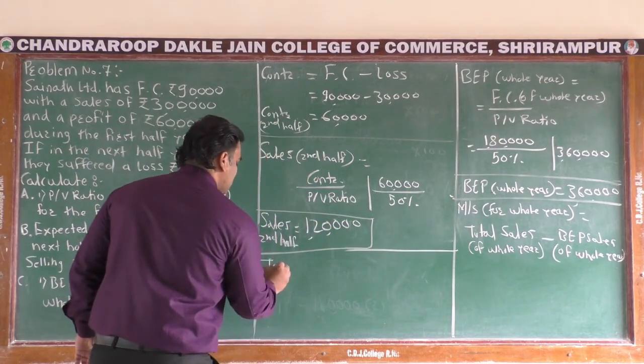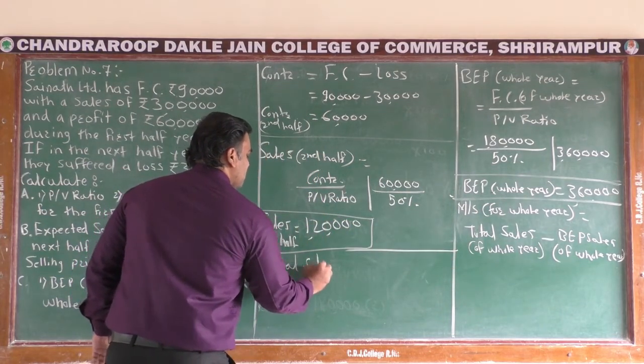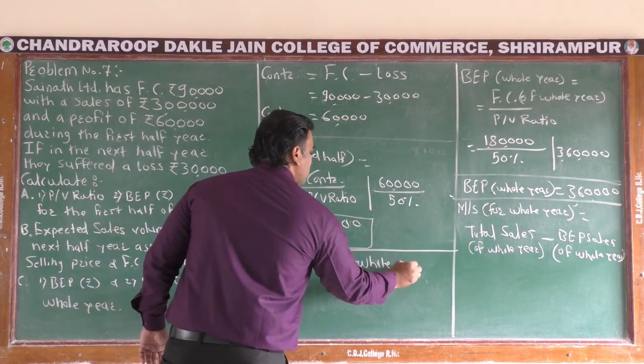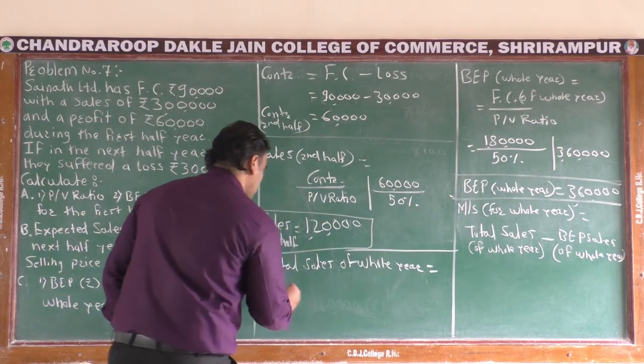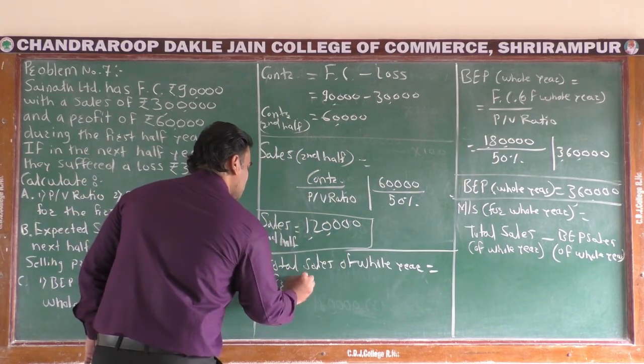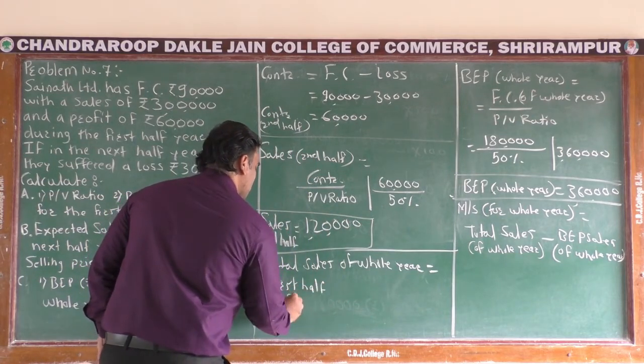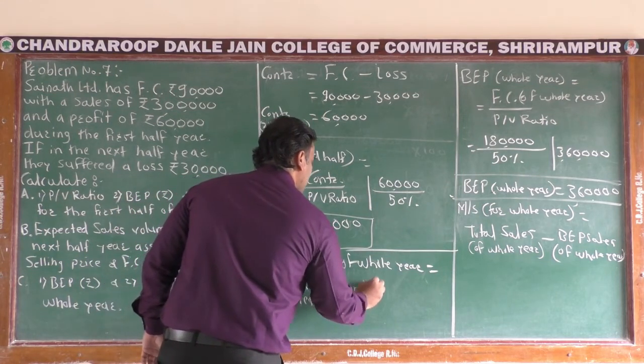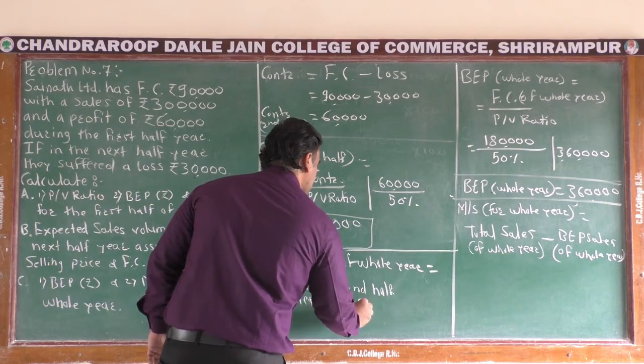So total sales of the whole year is equal to first half sales plus second half year sales.